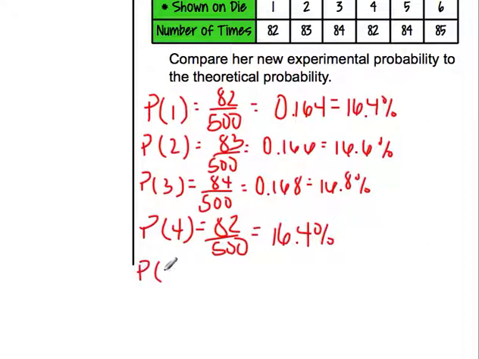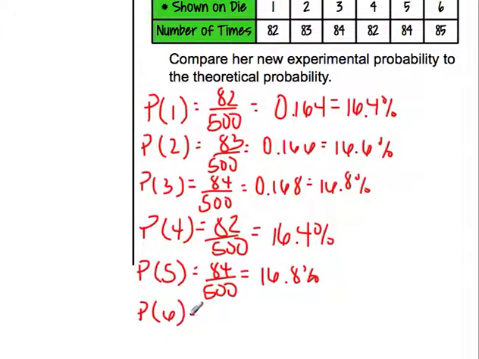The probability of getting a 5 is 84 out of 500 again. Remember, I'm taking what I want to occur out of the total trials, 16.8%. And the probability of getting a 6 is 85 out of 500, which would equal 0.17.